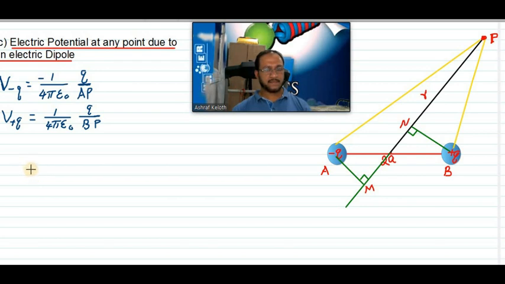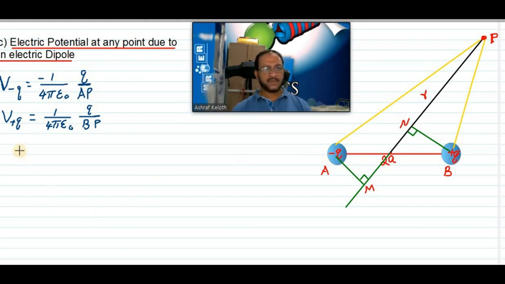Now the next line, the net potential at the point P because of plus q and minus q charge can be obtained by the algebraic sum of electric potential due to plus q and minus q charge, isn't it?